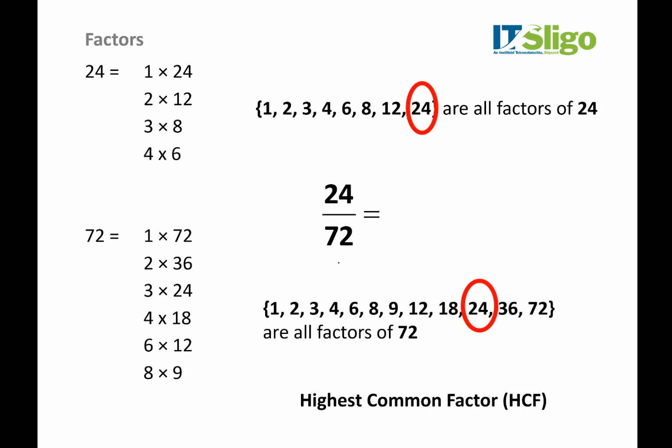In this case, it's 24. If we divide the top by 24, we'll get 1. We divide the bottom by 24, we'll get 3. So when you're cancelling, you're always looking to divide top and bottom by the highest common factor, the biggest value that's common to both numerator and denominator as a factor.